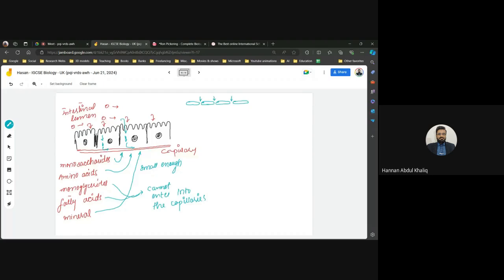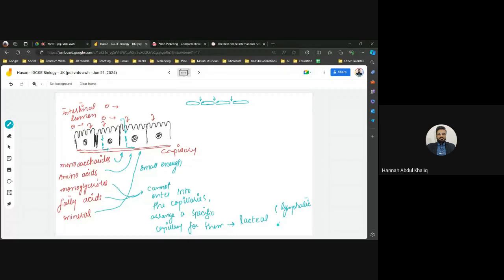Instead, we have to arrange a specific capillary for them, and that is called a lacteal, which is actually not a blood capillary but a lymphatic capillary.